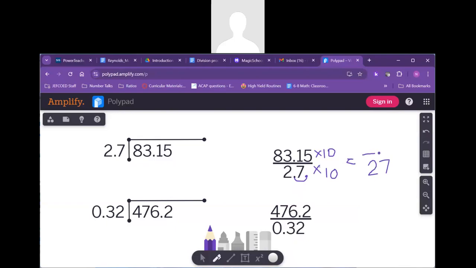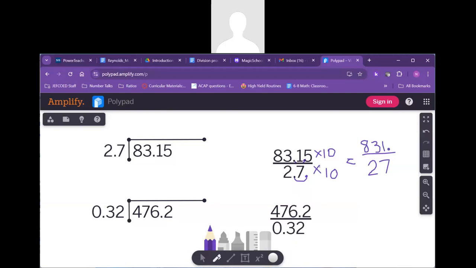Here's our division bar. And what do we have as our dividend? Well, I also have to multiply it by 10. So now my dividend is 831 and 5/10.